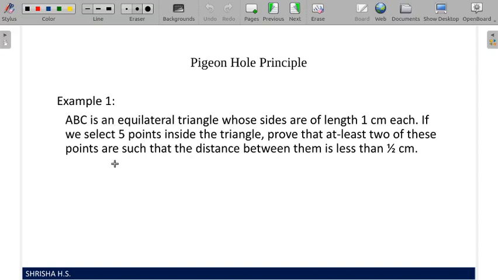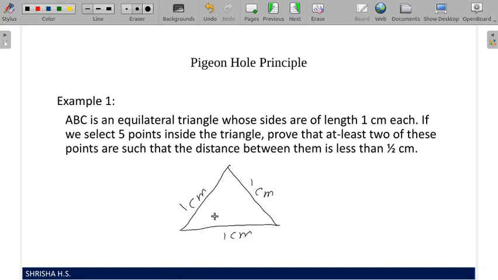Example 1: ABC is an equilateral triangle whose sides are of length 1 centimeter each. If we select 5 points inside the triangle, prove that at least 2 of these points are such that the distance between them is less than half a centimeter. So we have an equilateral triangle, where the sides are of the same length, 1 centimeter.